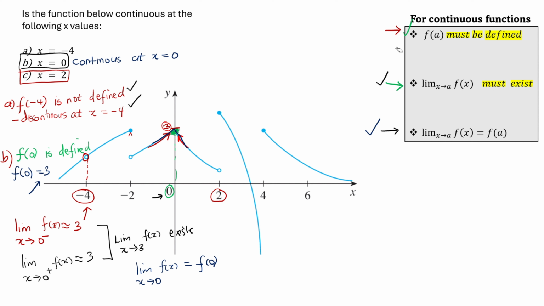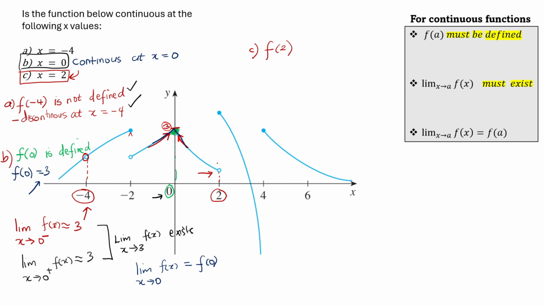So looking at these three conditions for proving continuity, remember that for continuous functions, first of all, f at a must be defined. In this case, we're evaluating continuity at x equals 2. So f at 2 must be defined. Is f at 2 defined? When you look here, if you trace f at 2, the first one is an empty circle, so it means there's no y value there.